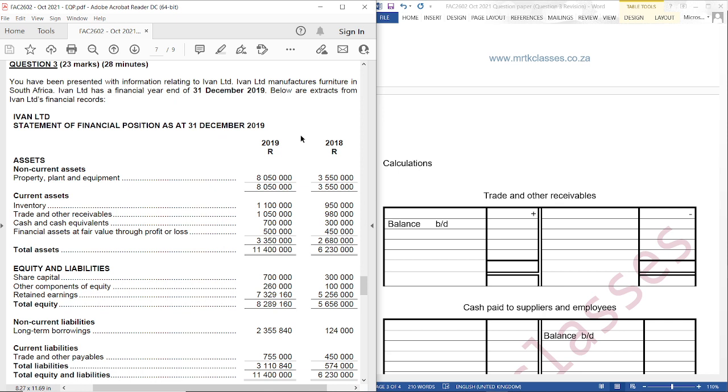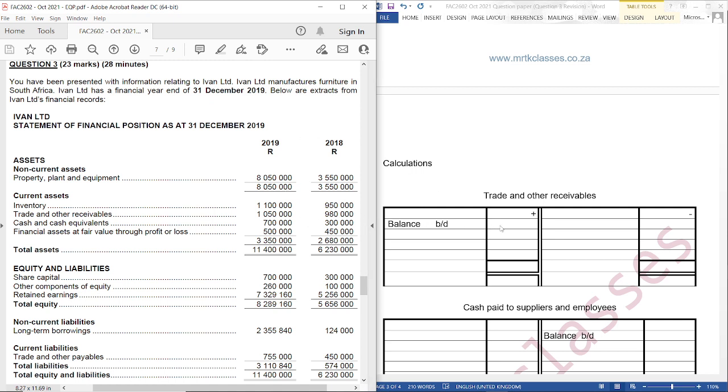Our financial year ends 31 December 2019, which means that closing balances for the year ending 31 December 2018 will be opening balances for our current year. So these are our opening balances and these are our closing balances.